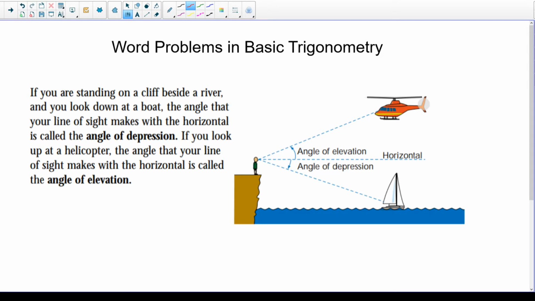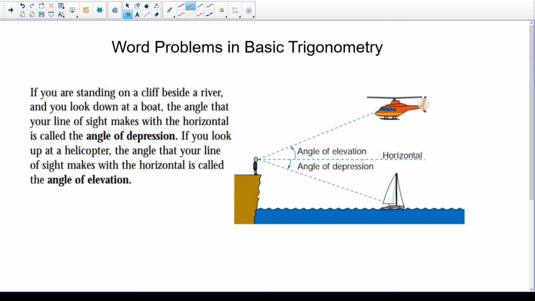So you have to be very careful, and I'm going to give you an example right now. If I told you the angle of depression from the helicopter to the person on the cliff is 30 degrees, could you draw that angle of depression in the right spot?